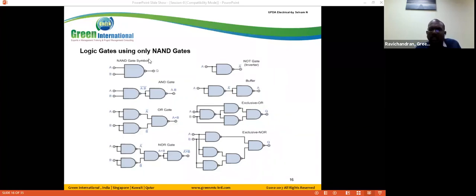So just go through this circuit, these symbols, how they draw the AND gate by using the NAND gate this way, because there is a chance of the question being asked like this. Suppose they give the question like this.